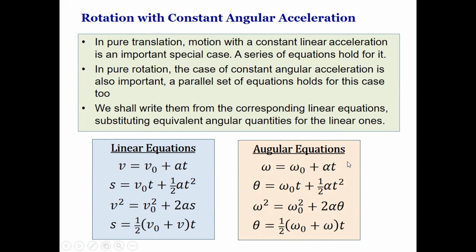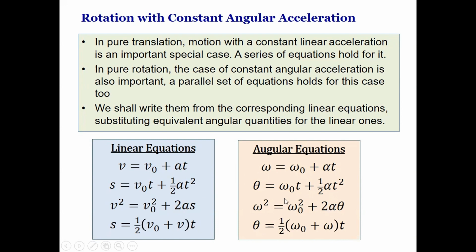Similarly, the angular equations are ω equals ω0 plus αt, θ equals ω0 times t plus αt squared by 2, and ω squared equals ω0 squared plus 2 times α times θ. So wherever there was a displacement, now it has become angular displacement. Wherever there was velocity, it has become angular velocity.